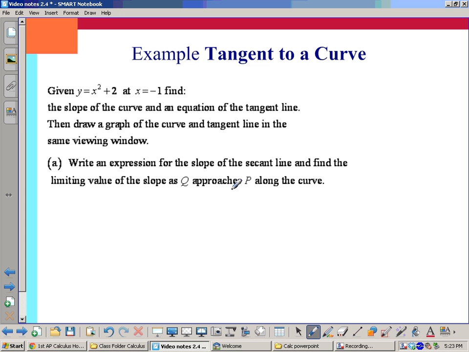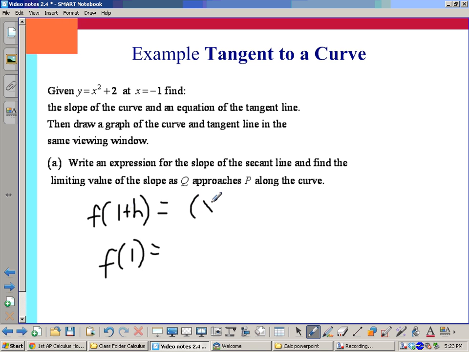So let's do an example. Say we had y equals x squared plus 2, and we wanted to find the slope at x equals negative 1. So we could write an equation to a tangent line. We're first going to have to define these two things, f of 1 and f of 1 plus h. So this a is 1 in this case. We're going to have to put that into our equation.